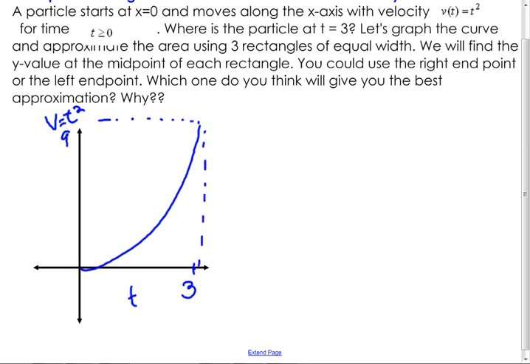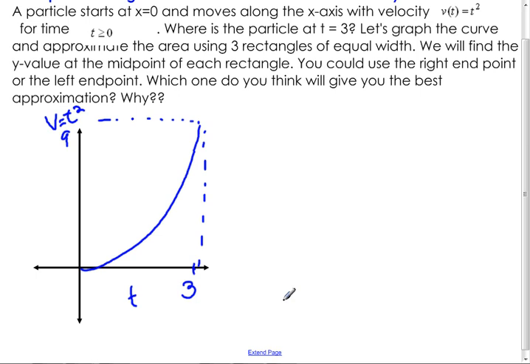So what I want to know is you started at the origin, and you travel a certain distance. Where are you going to be 3 hours or minutes later, depending on what it is? Well, it's just the area under the curve. That's all. And it says we are going to divide this into 3 rectangles of equal width. So let's do that.